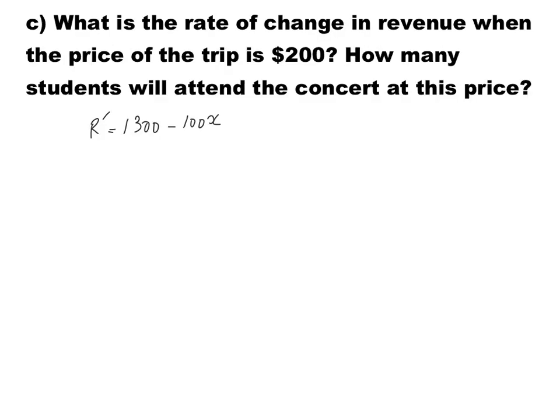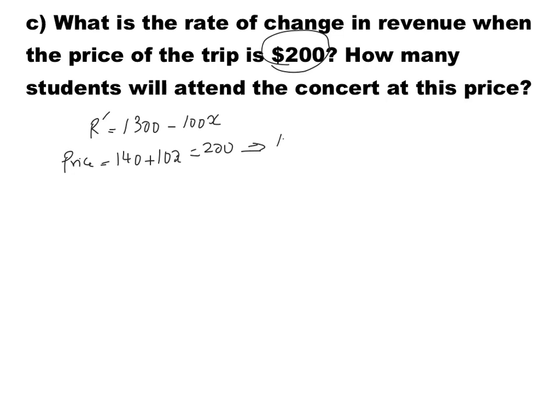The next part of the question says, what is the rate of change in revenue when the price of the trip is $200, and how many students will attend the concert at this price? We know that the price is 140 plus 10x, and we know that the price right now is 200, so this has to be equal to 200.